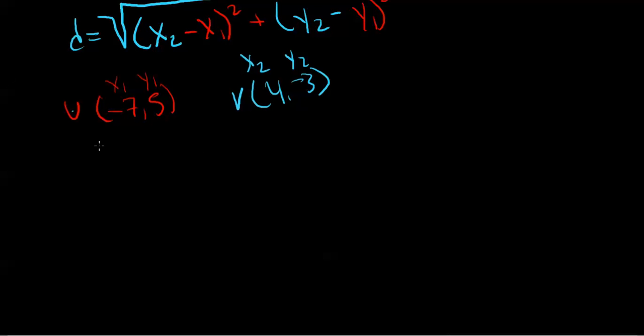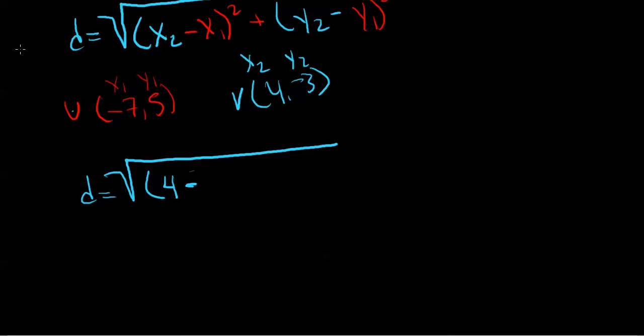So d equals the square root of parentheses x2, and in this case x2 is going to be 4, minus x1, which is negative 7, parentheses squared, plus parentheses y2, which in this case is going to be negative 3, minus y1, which is going to be 5, parentheses squared.